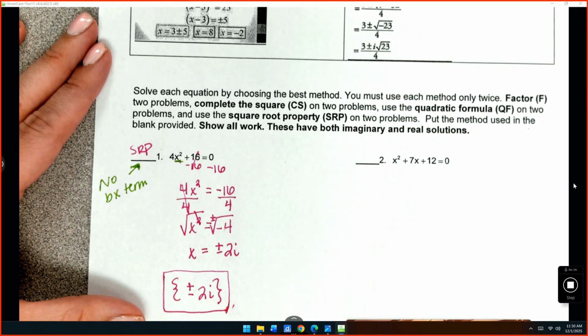Okay? So this last one, our method, let's see, is a equal to 1? Absolutely not, right? It's 10. Is there a bx term? Yes. Boom, solve quadratic formula. So this one would be quadratic formula.